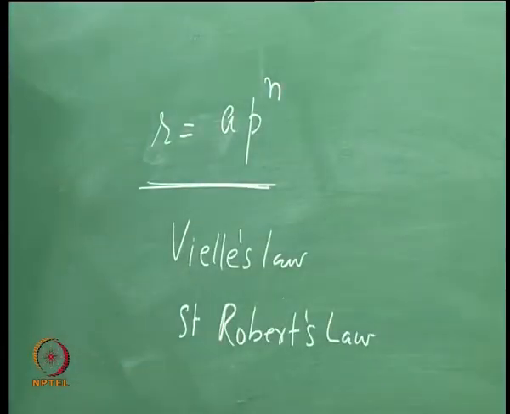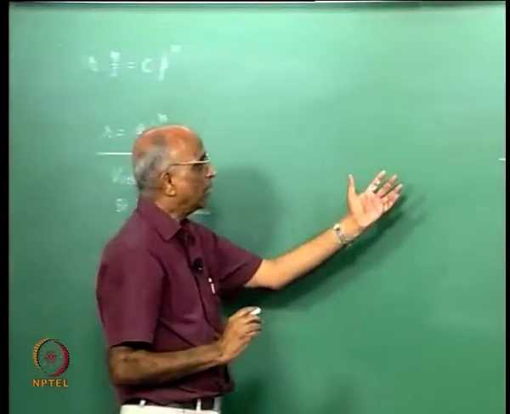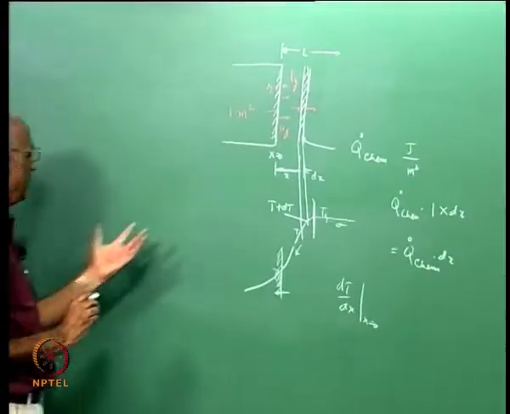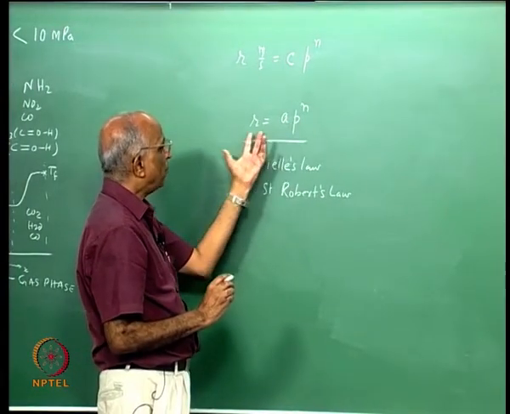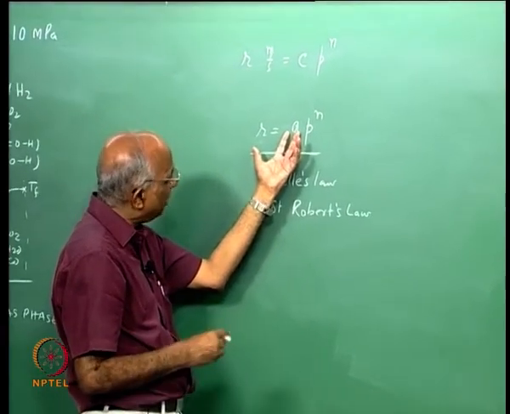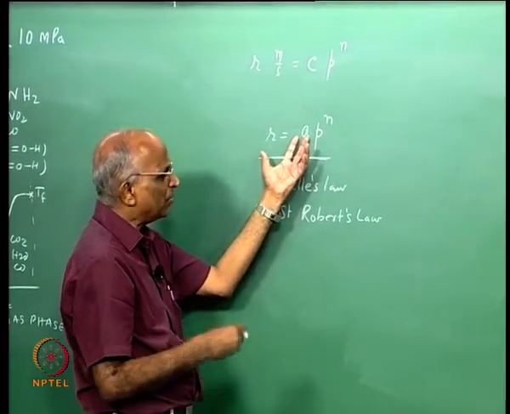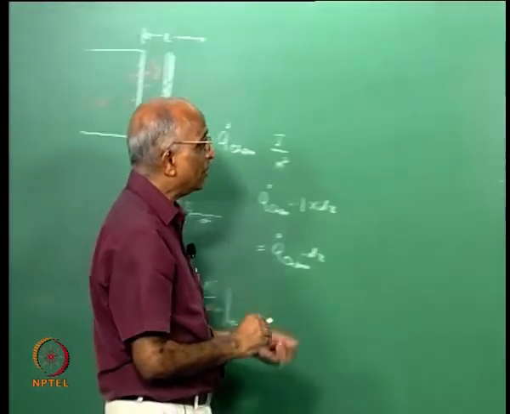Therefore, what have I done so far? We said that the surface regression rate of a double base propellant could be written in terms of the ambient pressure P in the form r equals a P^n. A will have the compositional features, maybe the initial temperature, maybe the final temperature, because that is also going to be a strong function.